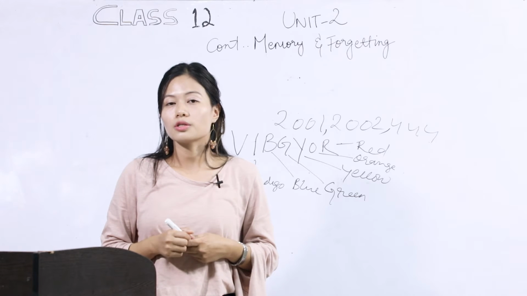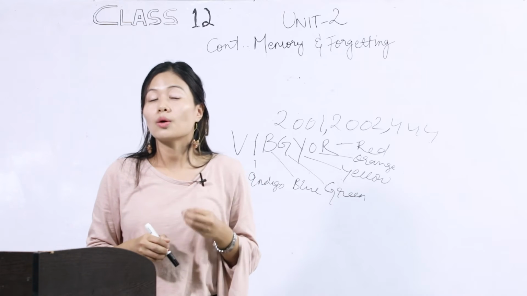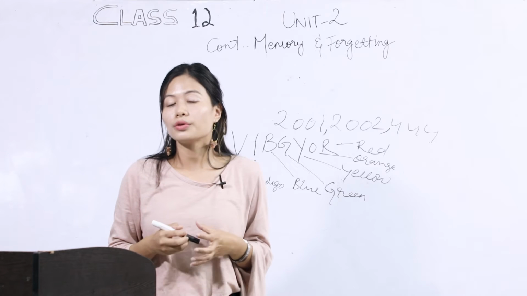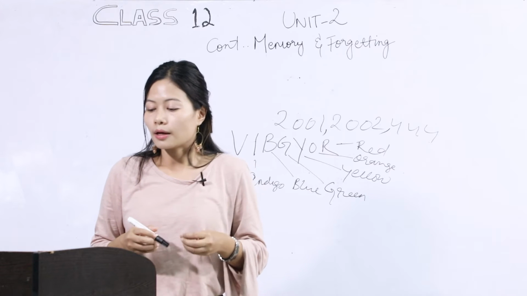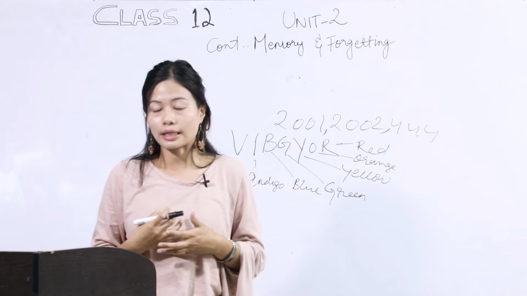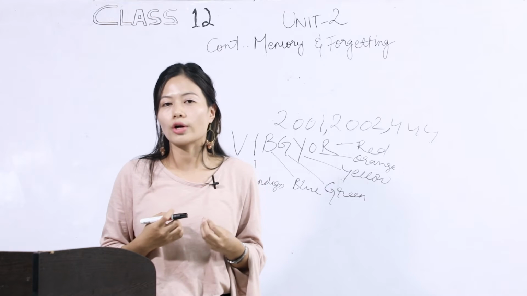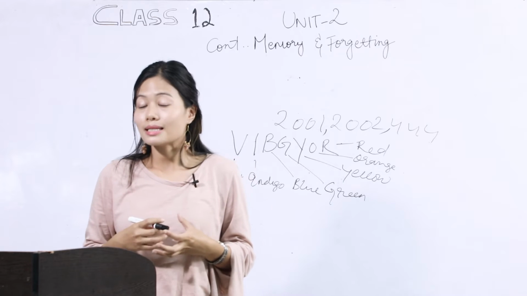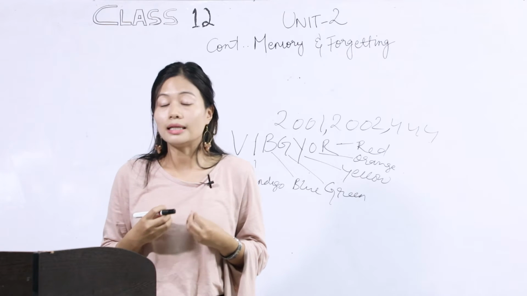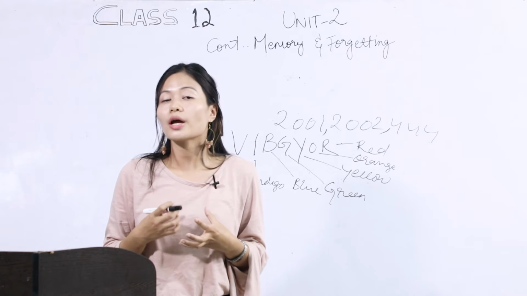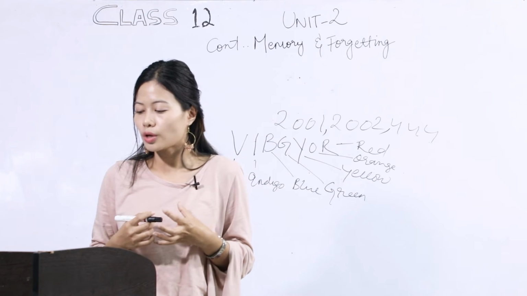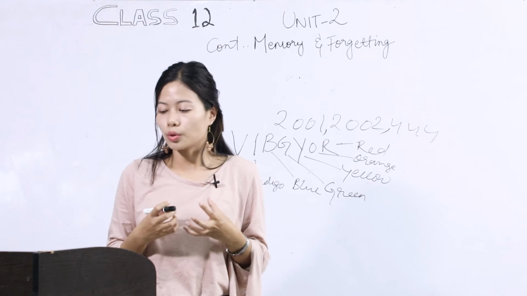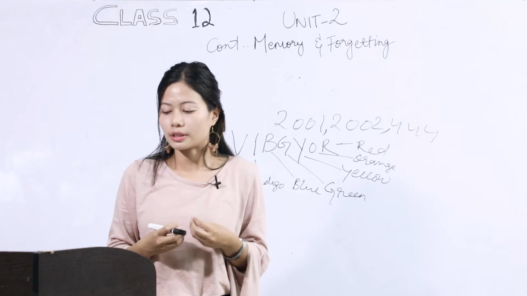Now, the second strategy is to minimize interference. In the previous classes, we have already discussed what interference is. It is a major cause of forgetting, and therefore we should try to avoid it. Interference is caused when similar material is learned in sequence, so we should arrange information so that we do not learn similar things one after the other.